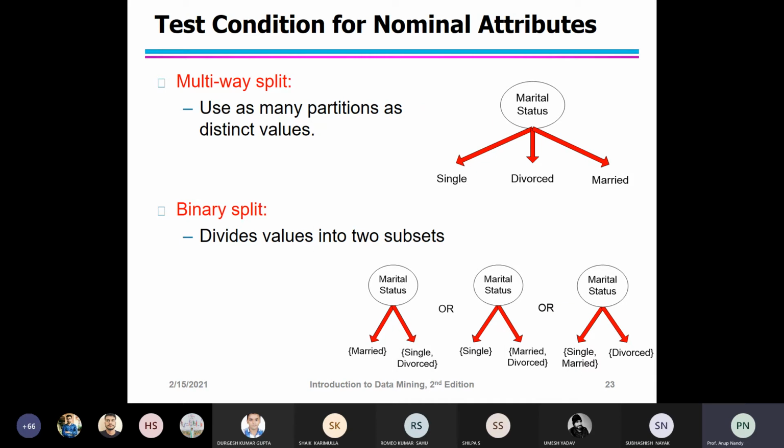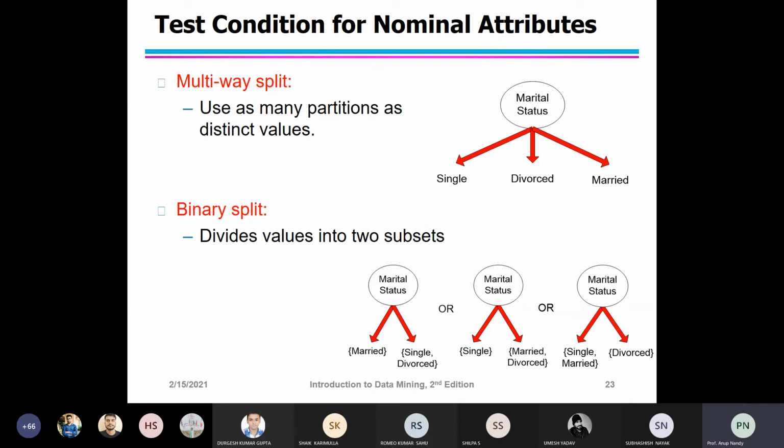The distinct values are single, divorced, and married for the attribute marital status. For example, if an attribute such as marital status has three distinct values, its test condition will produce a three-way split. That's why it is called multi-way.